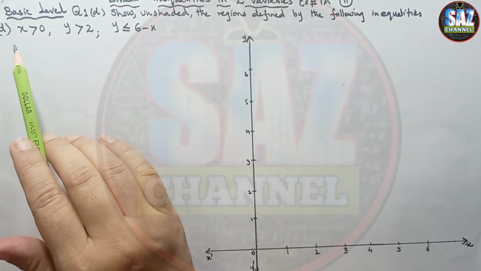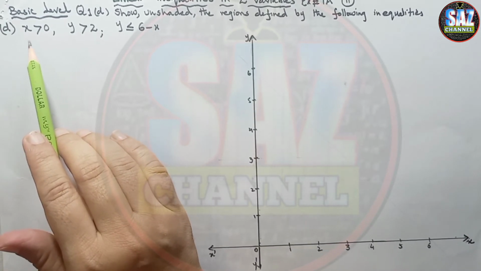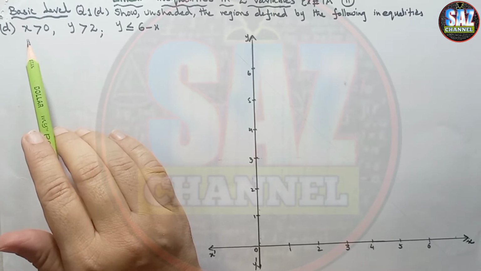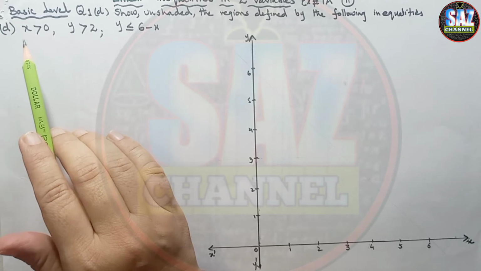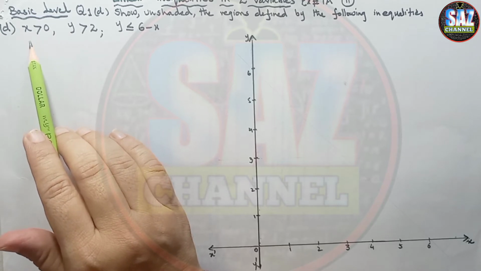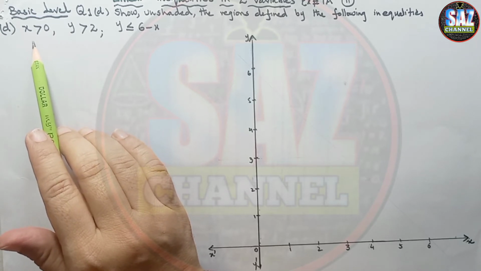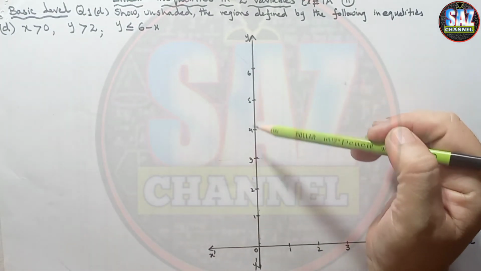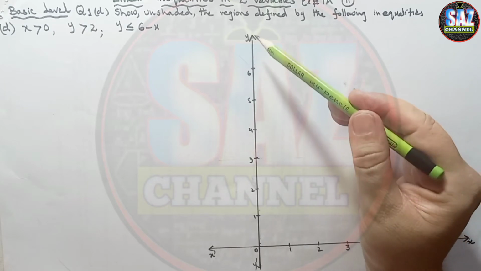The first condition given in the question is x greater than 0. For x greater than 0, the equation associated with this inequality is x equal to 0, and we know that x equal to 0 is the equation of the y-axis.